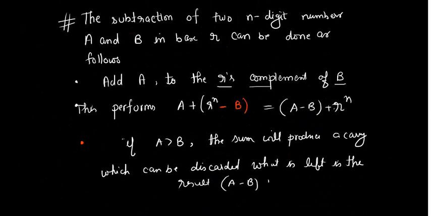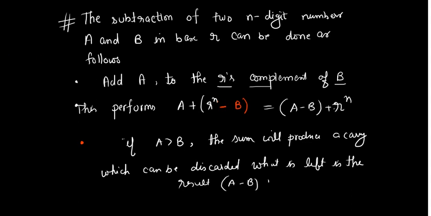What is the question in hand? A is a number in base R. You can represent it in some base R. We'll see an example, but first, let's understand these steps.